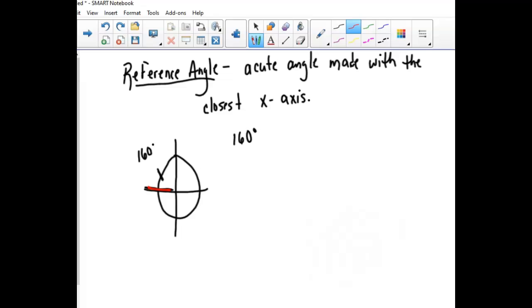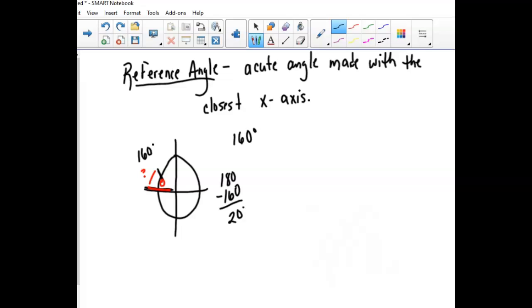And so I'm looking for this little angle. And so we would just say 180 minus 160, and that gives us a reference angle of 20. Okay, so sometimes you will subtract from 180, and then sometimes we'll subtract 180 from our other number.